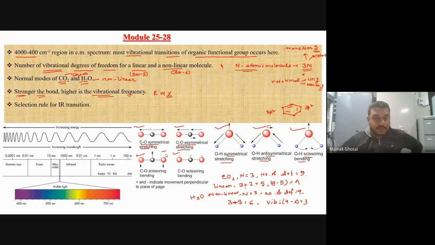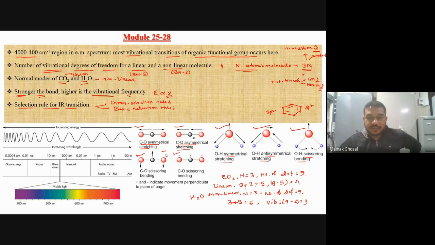Now, whatever I was just talking about, the selection rule for IR transition. Two selection rules are there. One is called the gross selection rule, and another is the basic selection rule.